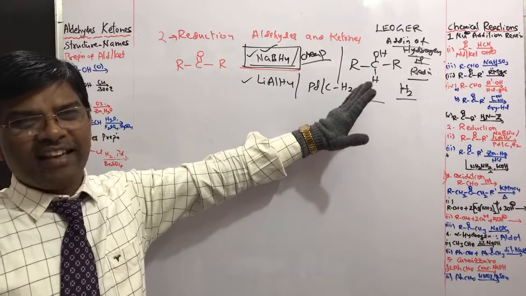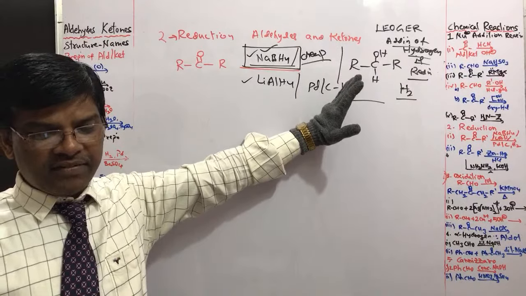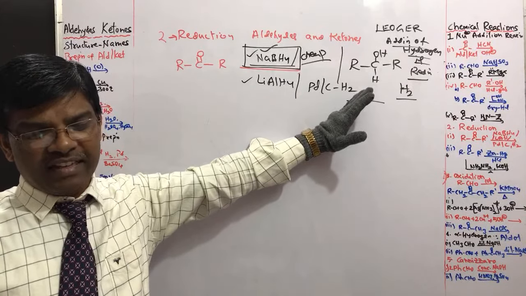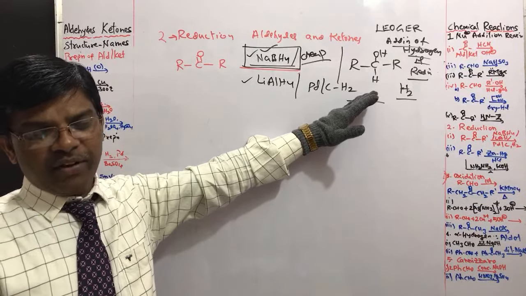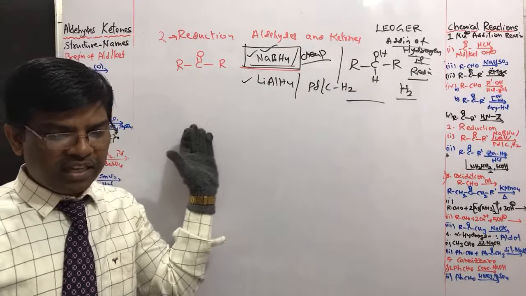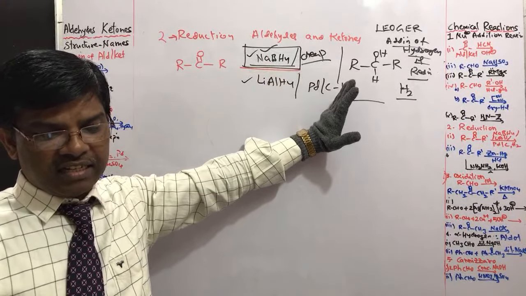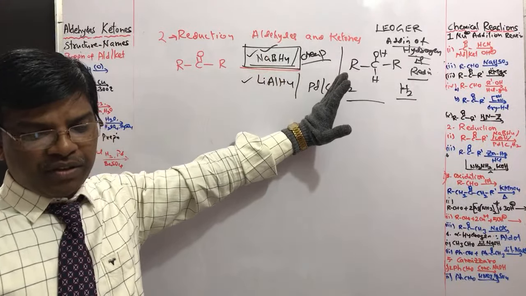Dear Yadav, I am sticking to JEE Mains and NEET. There are n number of reagents for the reduction of carbonyl compounds, right? I have already made videos on oxidation and MPV reduction, but in your textbook these are the reagents, and I am sticking to these reactions and reagents, right, Yadav? So don't worry.